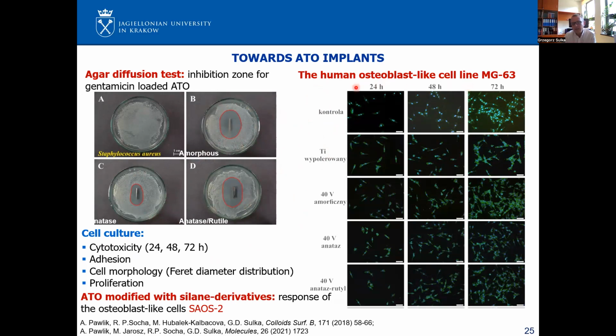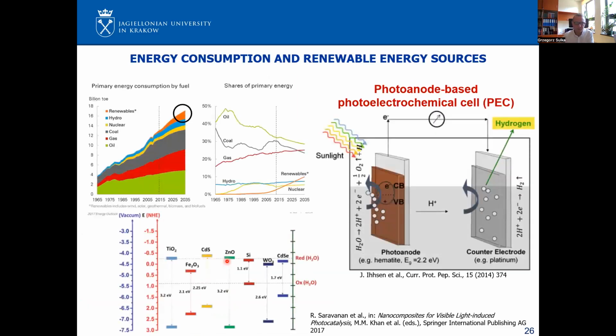Here are some examples of osteoblasts, the cell line MG63, and also we studied the cell line SAOS2, and we studied cytotoxicity, surface adhesion of cells, cell morphology, and proliferation of cells on such surfaces. That work is still quite at the beginning of development in our research group.